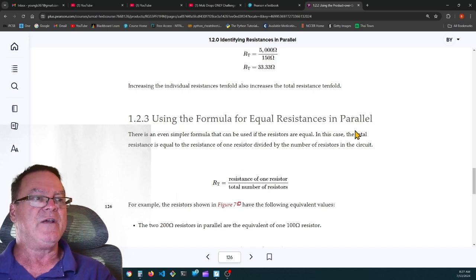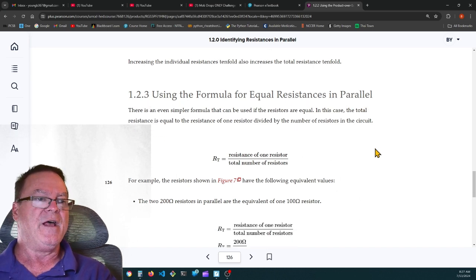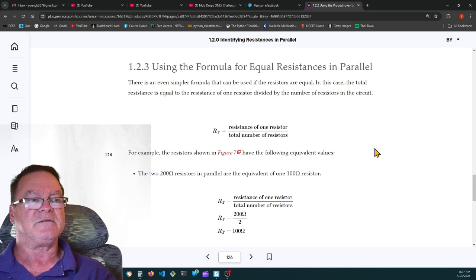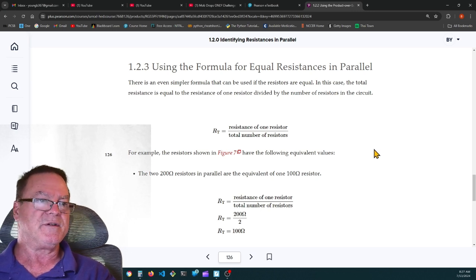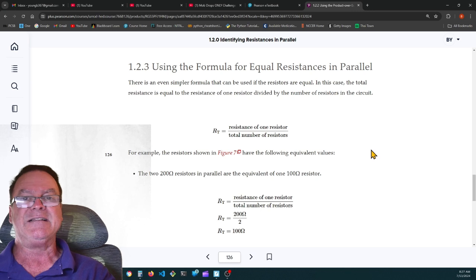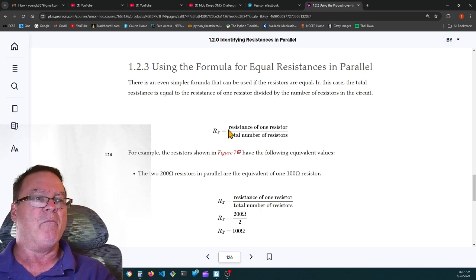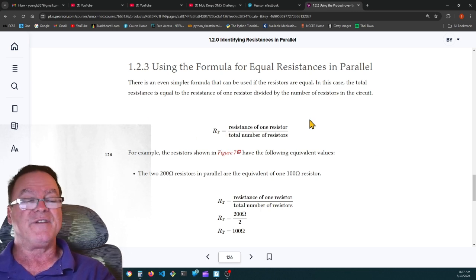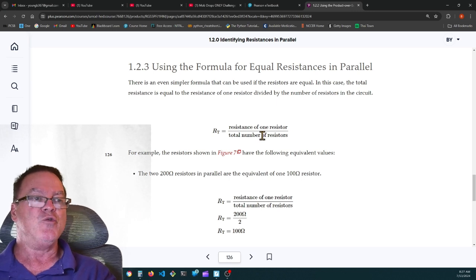Using the formula for equal resistances in parallel. This is one of the easier ones. If you have multiple resistors and they're all of the same value, you can divide the value of one of those resistors by the number of resistors.